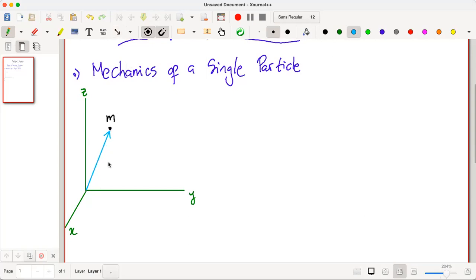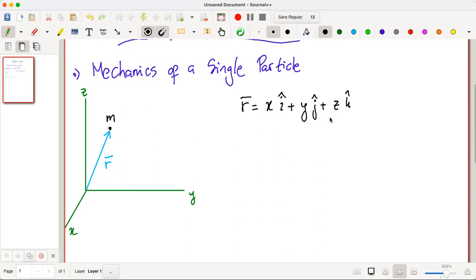We can always define what we call the position vector, I call it R. R is the vector that describes the three-dimensional position of the particle. R consists of x i plus y j plus z k, where i, j, k are the basis vectors of X, Y, and Z respectively. So basically R tells us where the particle is in the X direction, Y direction, and Z direction.